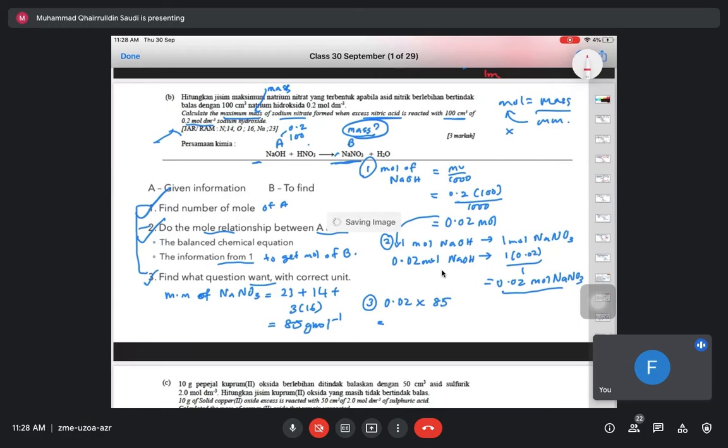So our answer is 1.7 gram. 1.7 gram. 1 mark. This is 1 mark. So 3 marks as well.